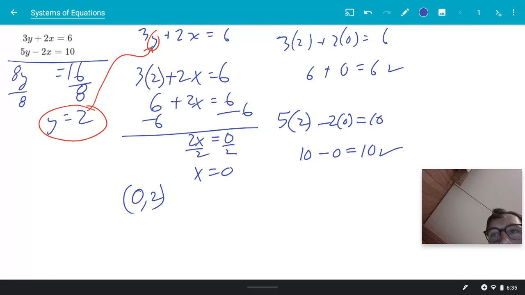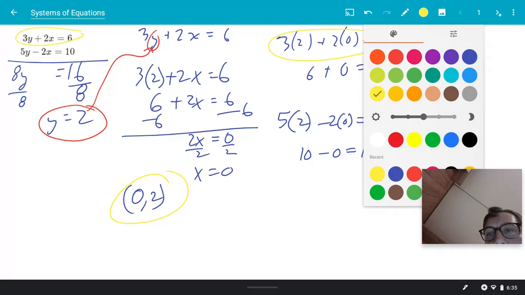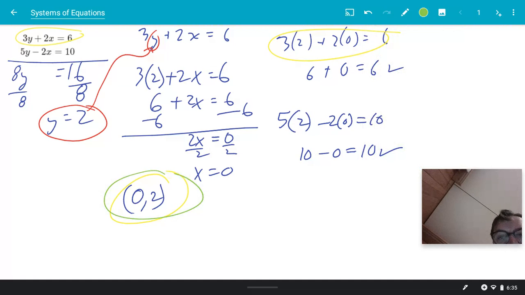And that works. You'll notice that I plugged the solution into the first one, and if I plug the solution into the second one, it also works. And so both equations are true when I plug in the solution.